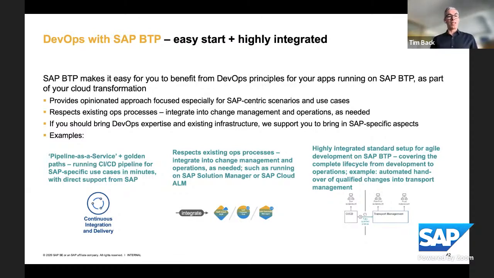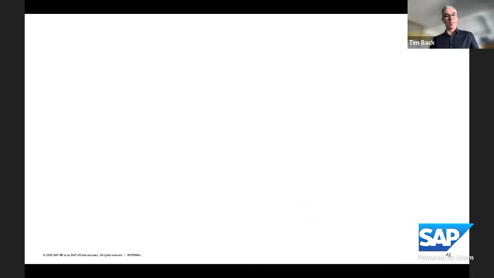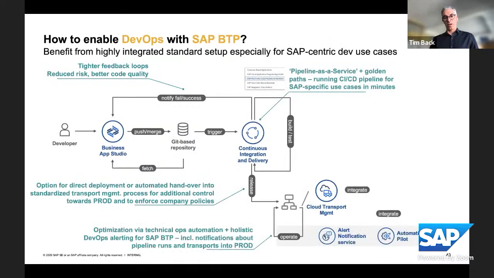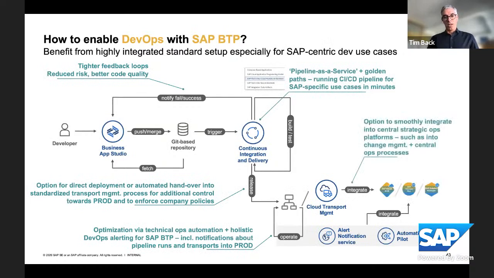But with continuous integration and delivery, you get what it says here, the golden path. It helps you with a number of limited configurations. You don't have all the options, but it gets you much faster to what you want to do.